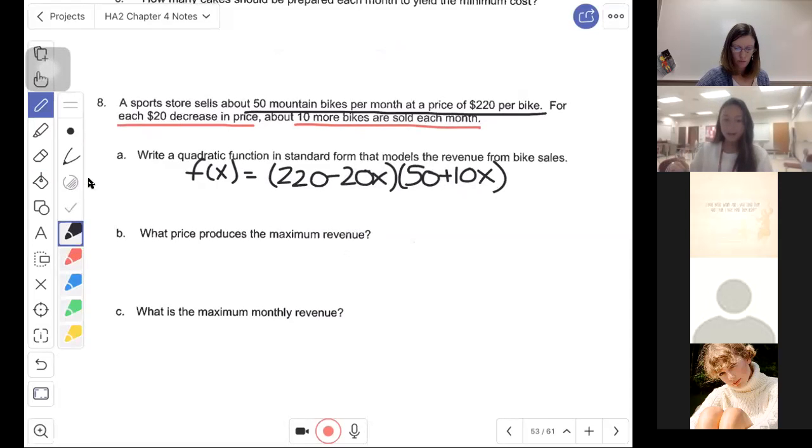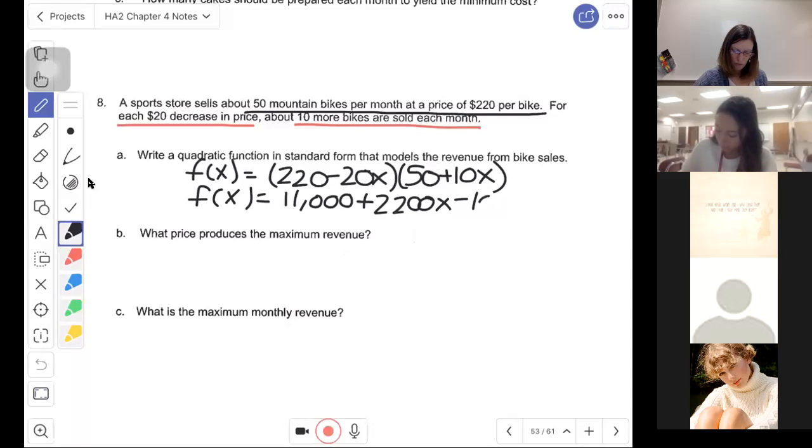When you go ahead and FOIL this function, you will get 11,000 plus 2200x minus 1000x minus 200x squared.